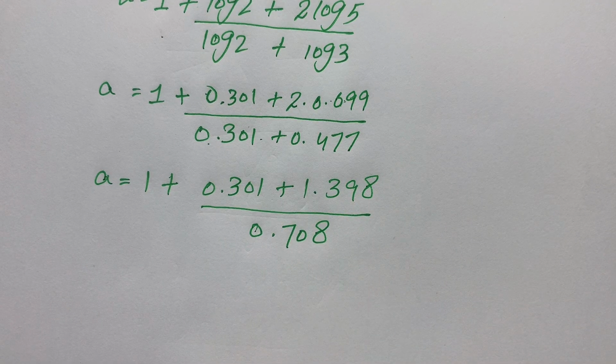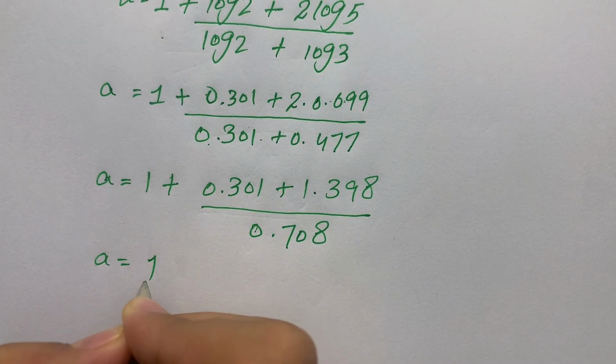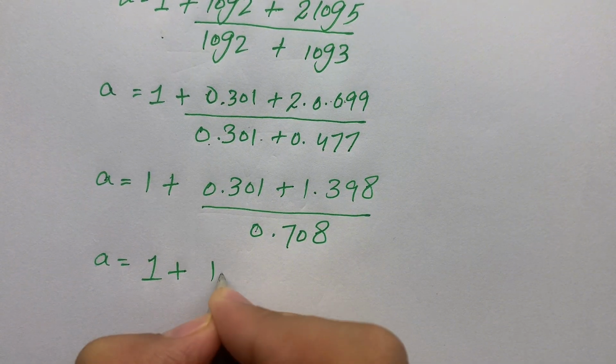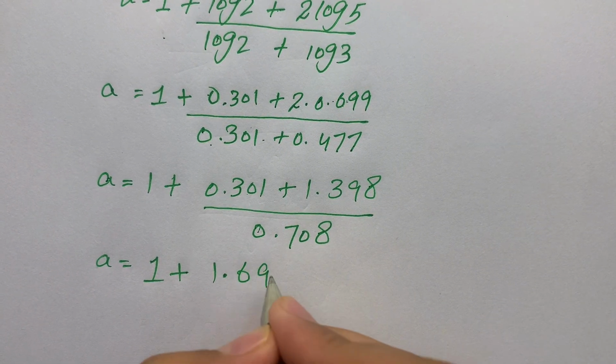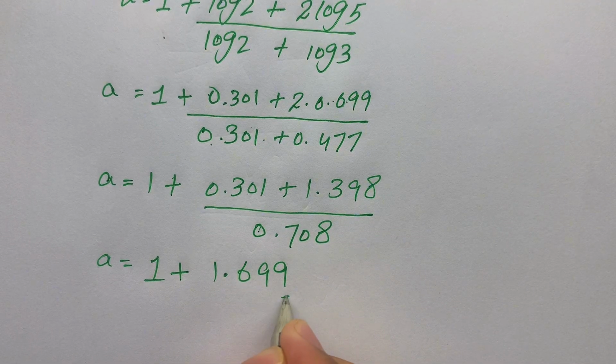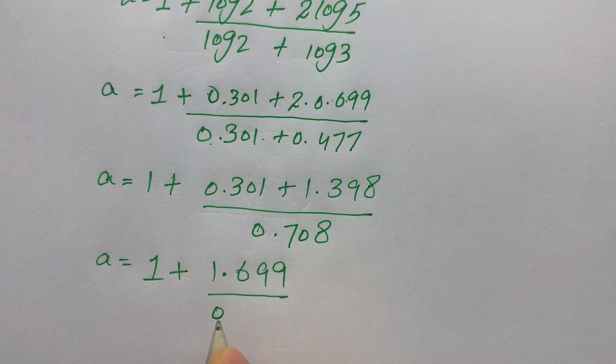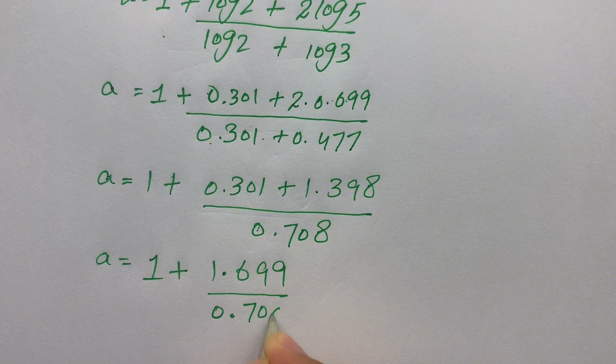Now we write a is equal to 1 plus 1.398 plus 0.301. After adding this, 1.699 divided by 0.778.